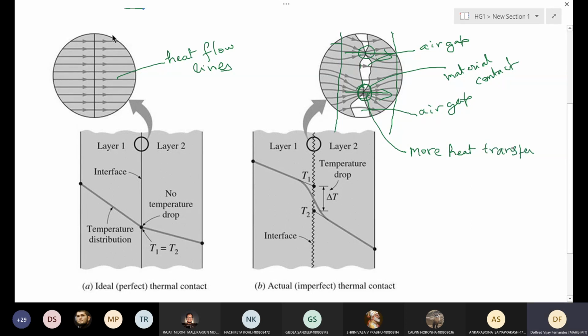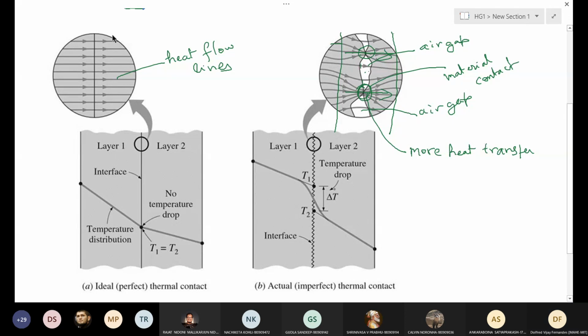Why? Because there is a material contact, conduction is much more than the convection in the gap. Here there is air which has low thermal conductivity and heat capacity, so we have less heat transfer in the air gap region and more heat transfer through the contact region.